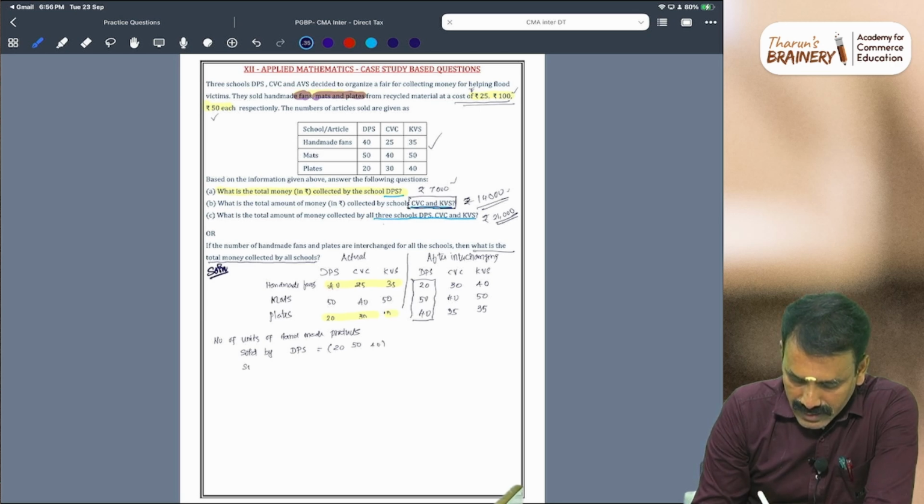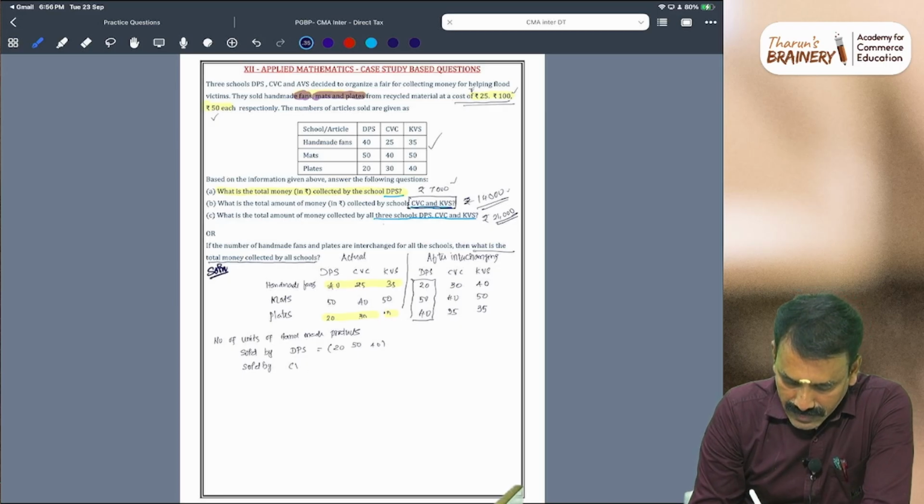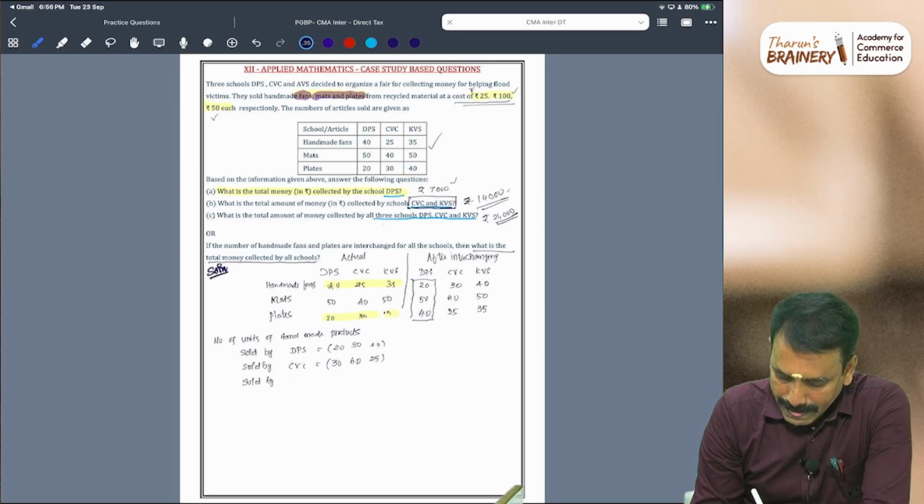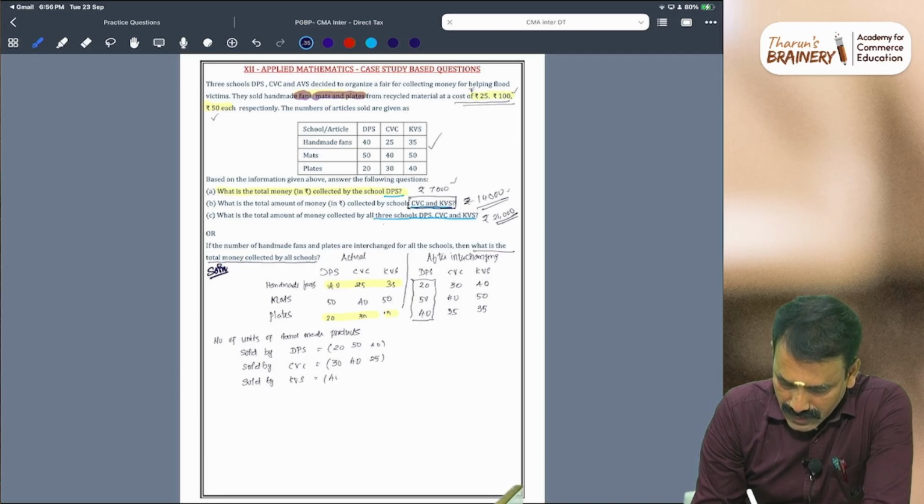And the second one, sold by the second school, CVC, is 30, 40, 25. And the third school, KVS, is equal to 40, 50, 35.